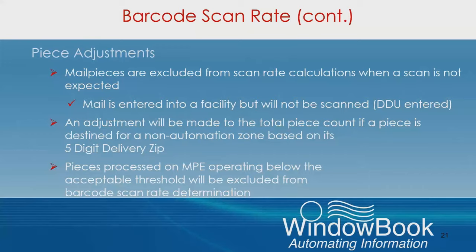An adjustment is also made to the total piece count if a piece is destined for a non-automation zone based on its 5-digit delivery zip. Again, these non-automation 5-digit zip codes are not equipped with scanning equipment, so a scan would not be expected there. And if the piece is processed on MPE equipment that's detected to be operating below an acceptable quality threshold, those will also be excluded from that barcode scan rate.